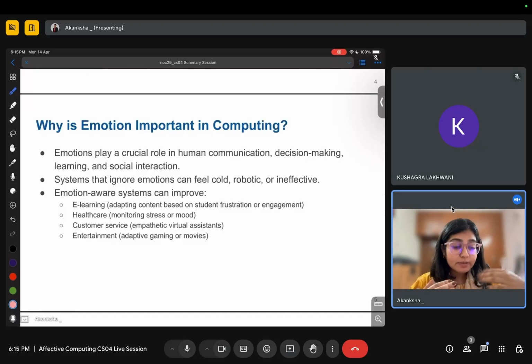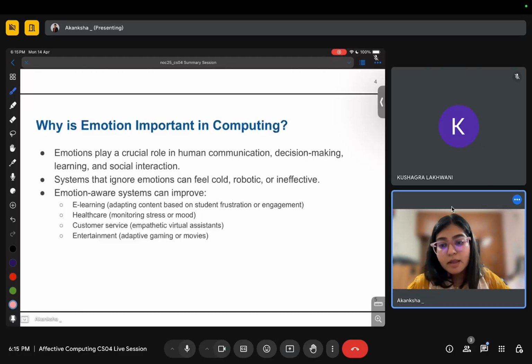There can be a system which can sense the emotional aspect. Let's say they are feeling much pain, so the system can sense that the person is in visible pain, and we may need to increase the medication. So in healthcare it can be a use case.